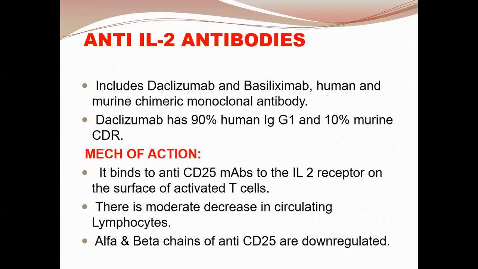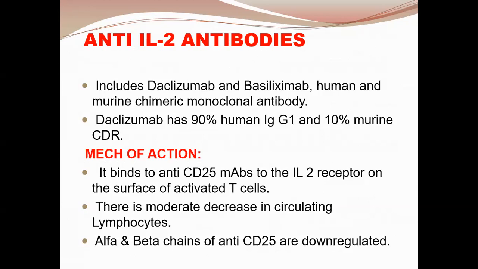Then anti-interleukin 2 antibodies. So anti-interleukin 2 antibodies are daclizumab and basiliximab, human and murine chimeric monoclonal antibodies, and this daclizumab has 90% human IgG1 and 10% murine CDR.